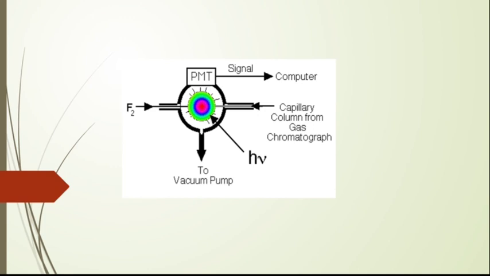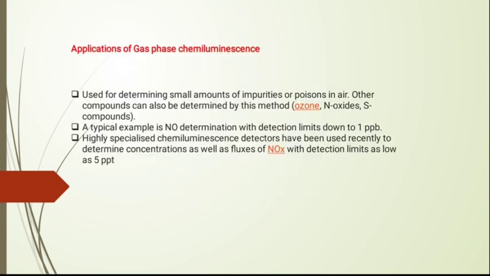The sample enters from this side into the system. The chemical reactions occur here, and some amount of light is emitted. This signal goes through the photomultiplier tube and is recorded on the recorder.